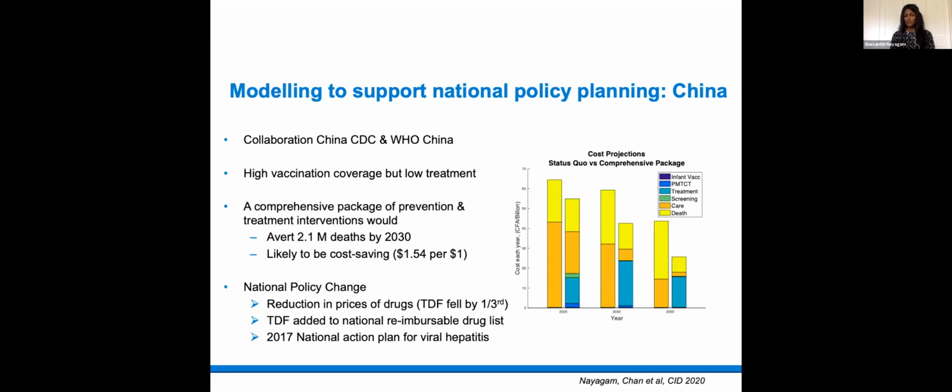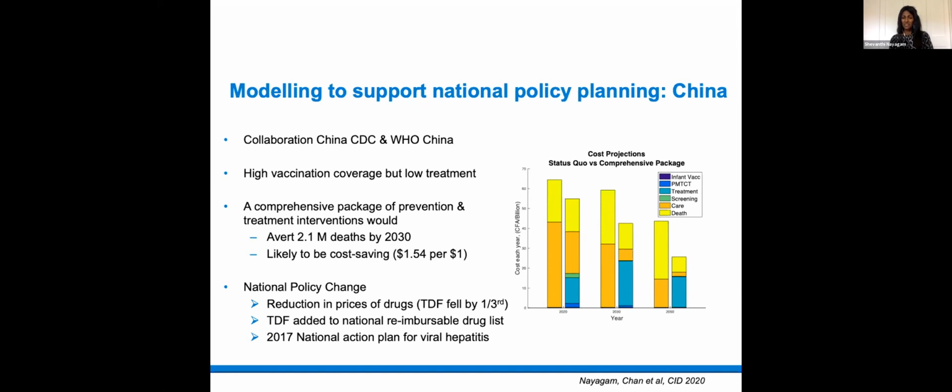So that's a bit of the global hepatitis B birth dose coverage strategies. And I'm just going to talk a couple of things about modelling to support national policy planning. Here we're giving a case of China, where we've used modelling and worked with WHO China and China CDC, both on treatment and prevention interventions.